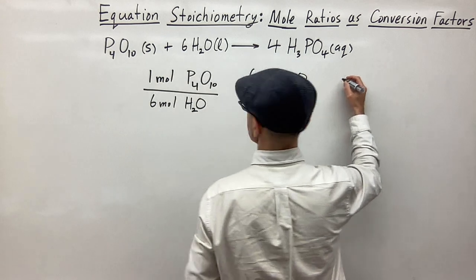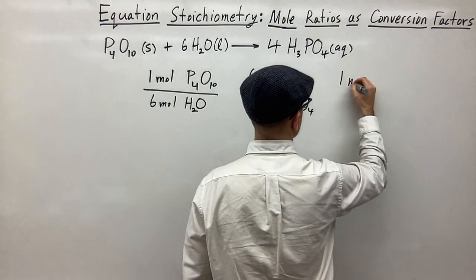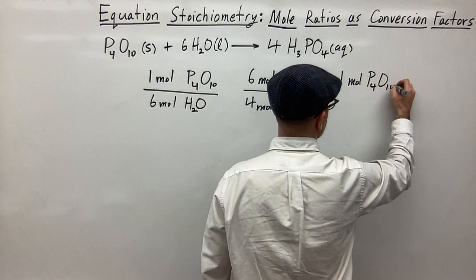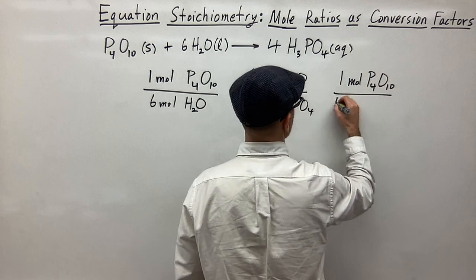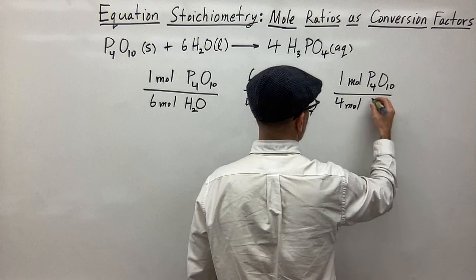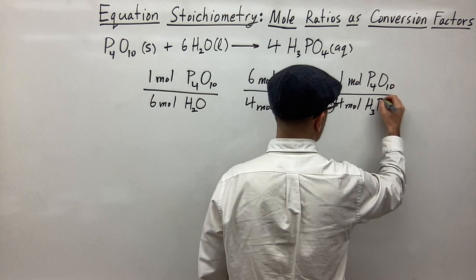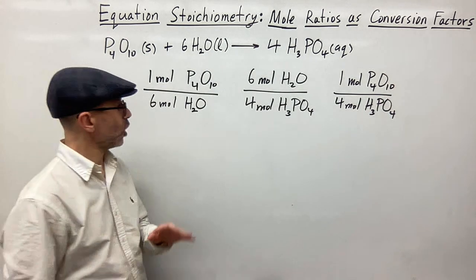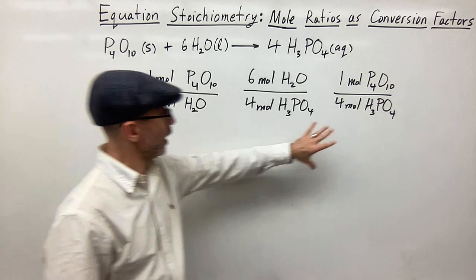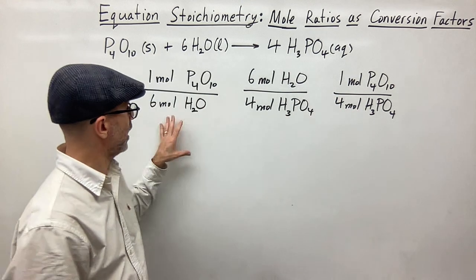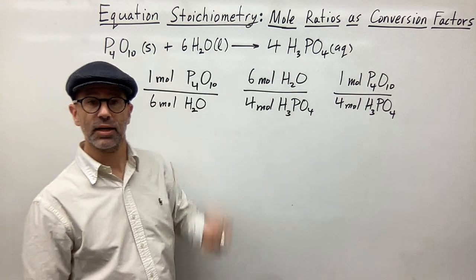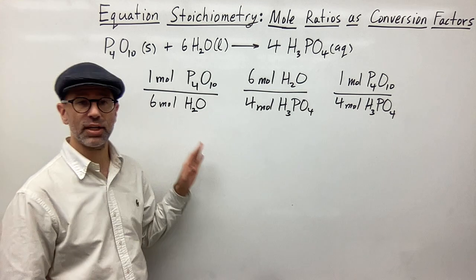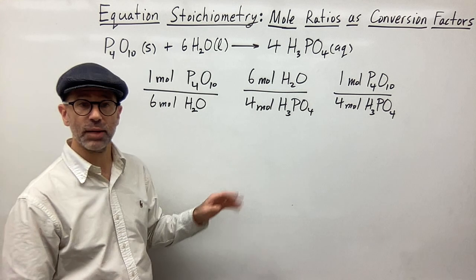So then that's another one. I could do 1 mole of P4O10 over 4 moles of H3PO4. So here are 3 mole ratios that I got from my balanced equation, and I can use any of these to convert from one substance to the other.